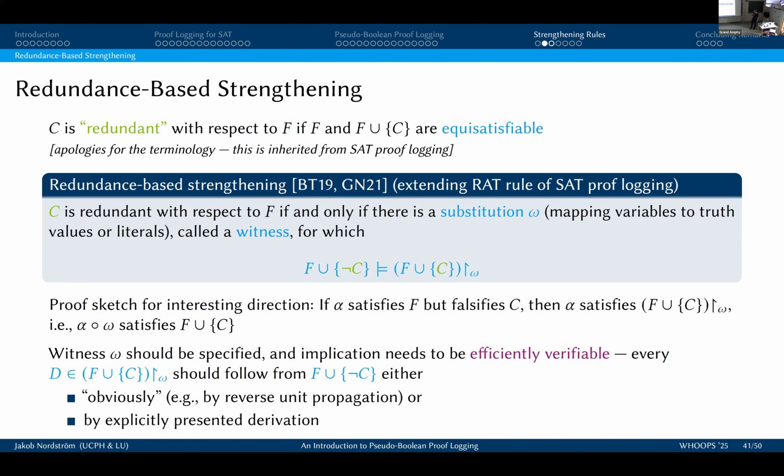I have to write down omega, and for all of these constraints on the right-hand side, I need to be able to verify the implications. For instance, maybe they follow by reverse unit propagation, or if they don't, I will have to write down explicit subproofs in the cutting planes proof system. Note that these are semantic implications, so I can write down cutting planes proofs for them.